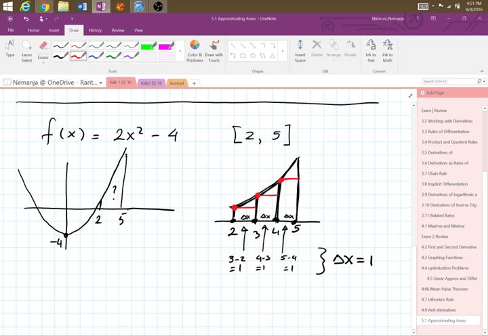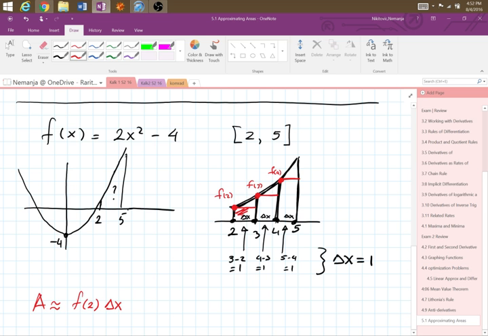This means that I need to compute f of 2, f of 3, and f of 4 to be the heights of each one of these rectangles. So what is the area approximated by? You see, for area I put the squiggly equals, right? That is approximation. So it's going to be the function computed at 2 times delta x, and that's the first rectangle, right?